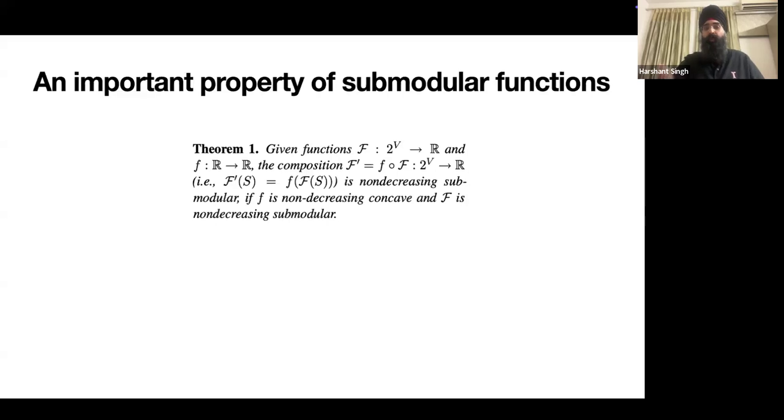Another important property mentioned is that if you compose it with a non-decreasing concave function, it remains non-decreasing submodular. A lot of these results require monotonicity in addition to submodularity, so those are called monotone submodular functions. That is the class of functions for which a lot of the theorems that I'll be showing you hold.